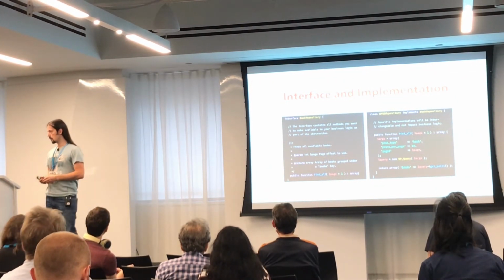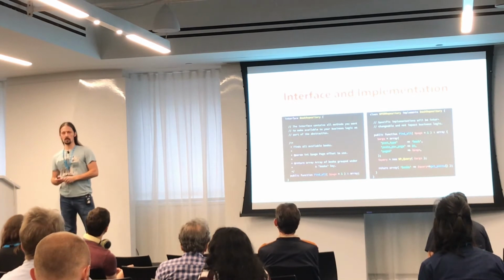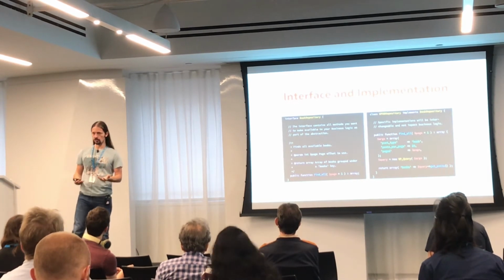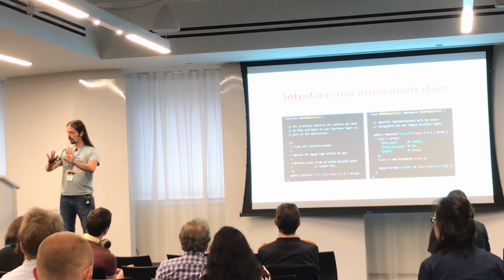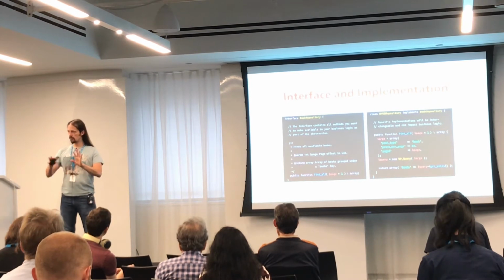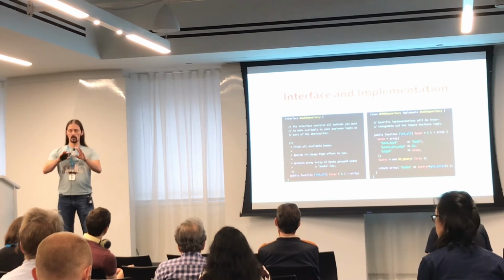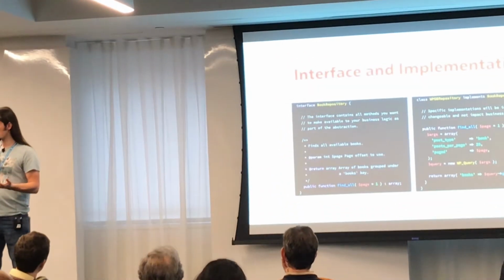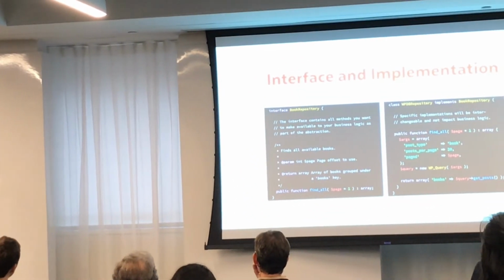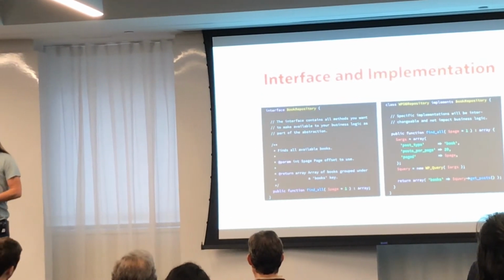For those of you who don't have much experience with working with interfaces, an interface basically defines the public-facing side of the code. So it just says, okay, whoever wants to use me, this is how I need to be called. And the rest is a black box. So you can change the rest of the code whenever you feel like.